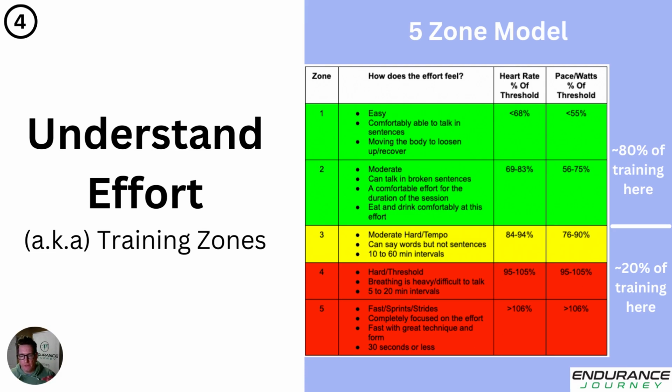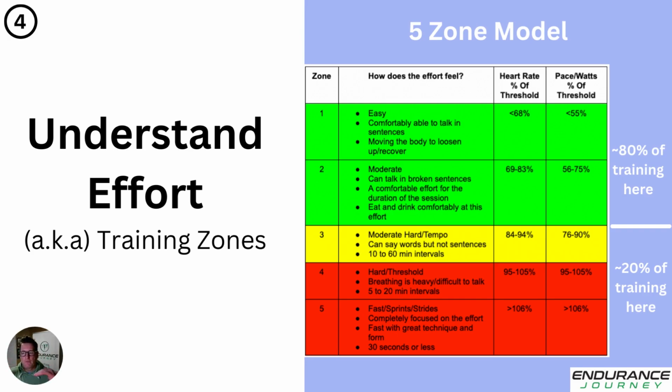Then we move into zones 3, 4, and 5, which are more of our interval type of work. So zone 3 is what we call moderate, hard, or tempo. So this is where you're working hard enough that you could say words to someone beside you, but you're not carrying on sentences. The interval length here is 10 to about 60 minutes in length.